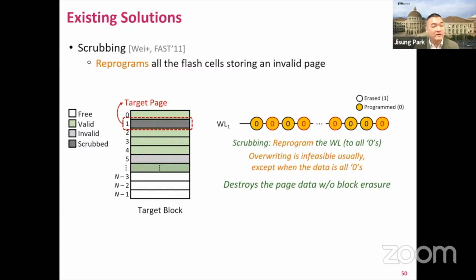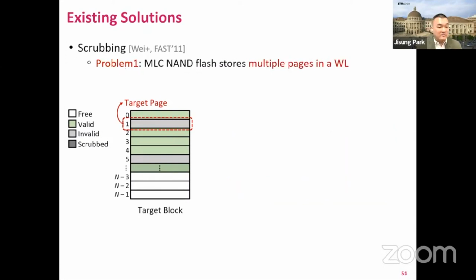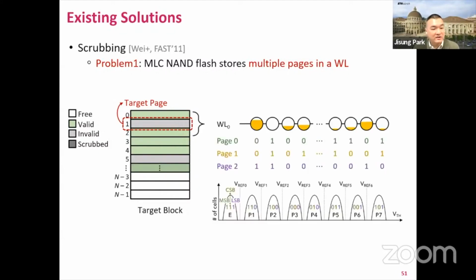However, scrubbing is also hard to use in modern NAND flash memory due to two reasons. The first problem is that modern NAND flash memory stores multiple pages in a single word line using MLC techniques. In this example, page 1 can actually be stored in word line 0, not word line 1, along with pages 0 and 2, if we assume TLC technology.